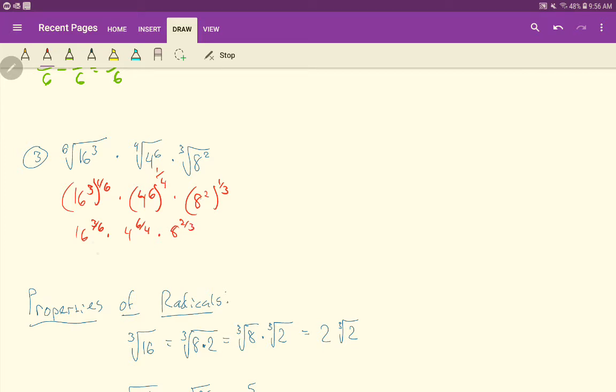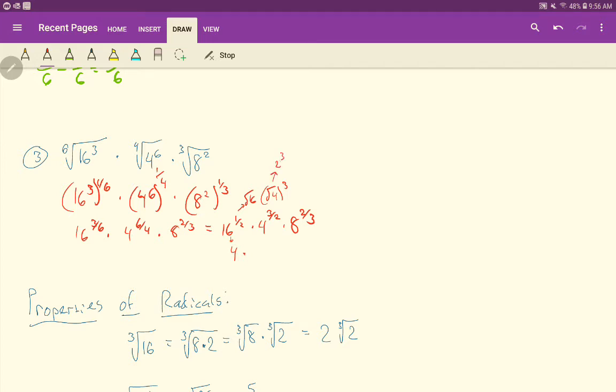Okay, now this will simplify to 16 to the 1/2 times 4 to the 3/2 times 8 to the 2/3. And again, you can type all these in your calculator if you want to. 16 to the 1/2 is a square root of 16, remember, which is just going to give us 4. Okay, 4 to the 3/2, well, that's like saying the square root of 4 to the 3rd. Now, we already know what the square root of 4 is.